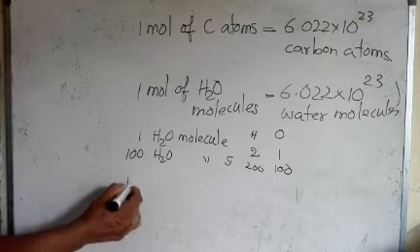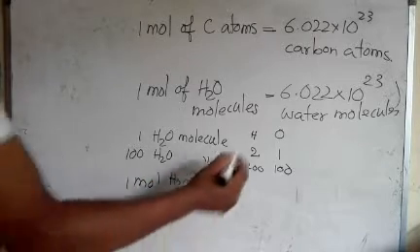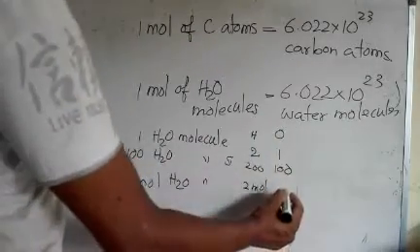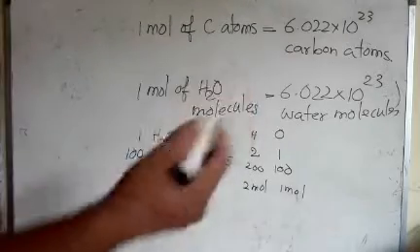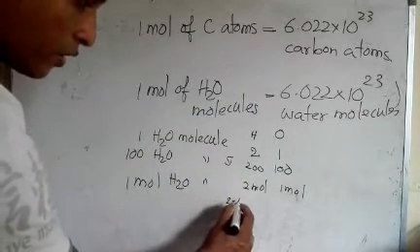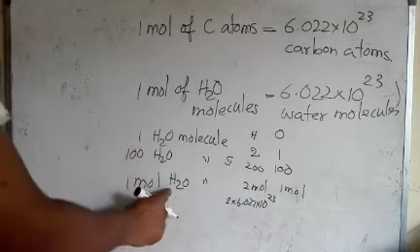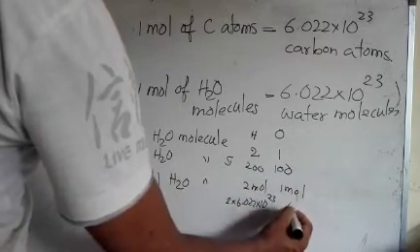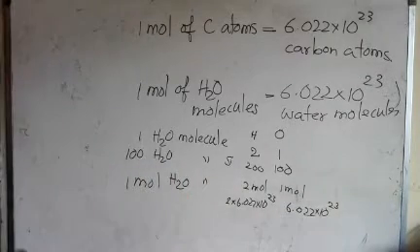So if 1 mole of H2O molecules is considered, hydrogen there will be 2 moles, oxygen there will be 1 mole. 2 moles means 2 into Avogadro number. So in 1 mole of water, 2 into Avogadro number of hydrogen atoms are there, and 1 mole of oxygen atoms are there.